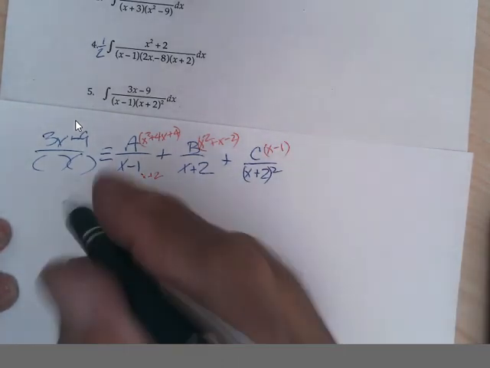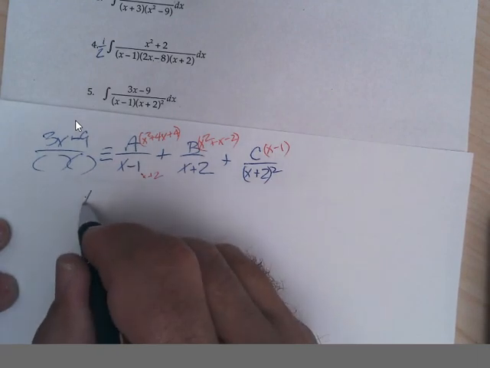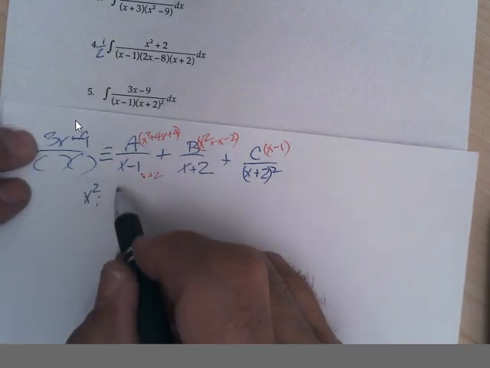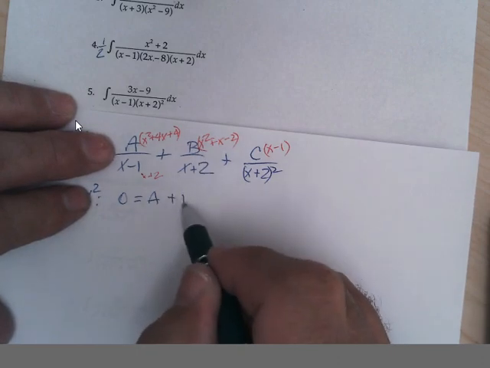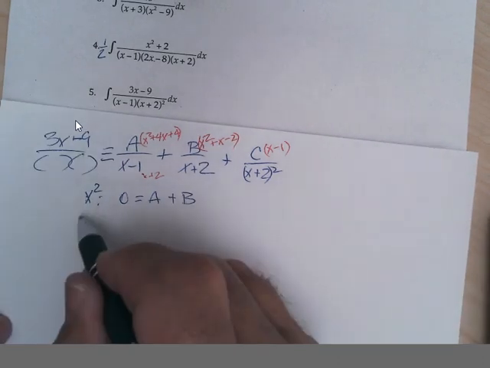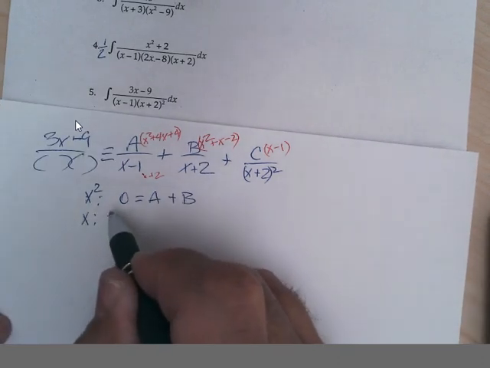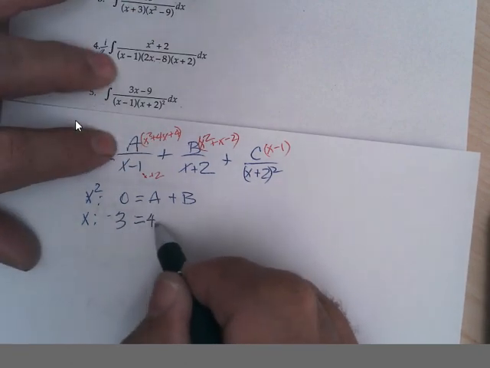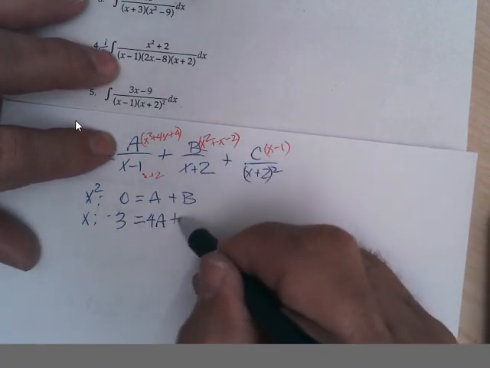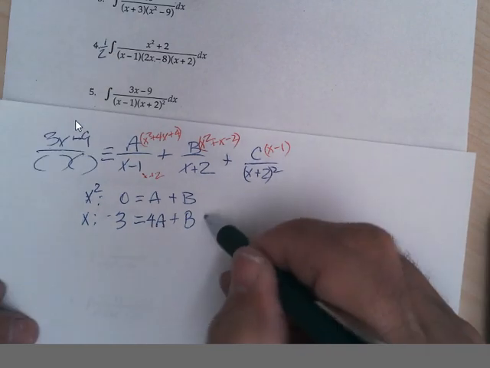So I'm going to get, for the x squareds, 0 equals a plus b and no c. For the x's, I'm going to get 3 equals 4a plus b plus c.